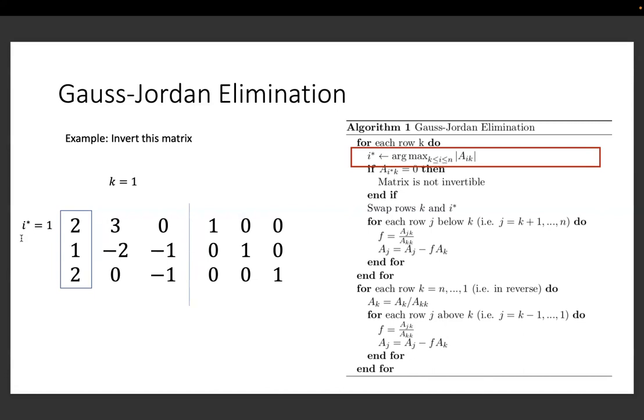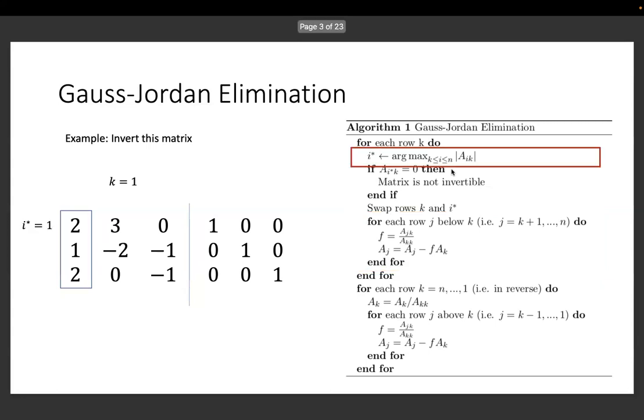And so in this case, i star is equal to 1, because we find the maximum value in the k-th column, which is the first column, in the first row. So i star is equal to 1.